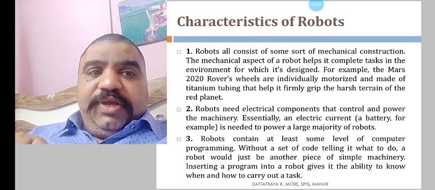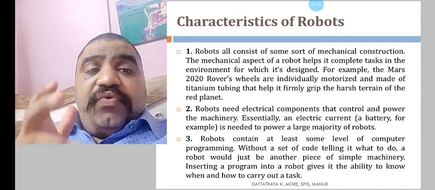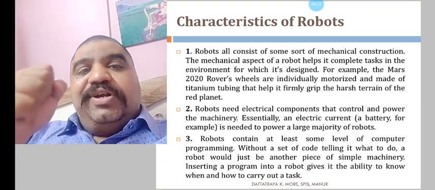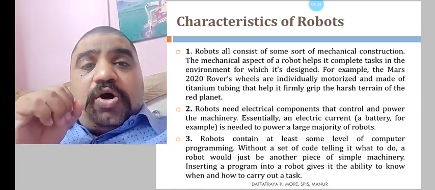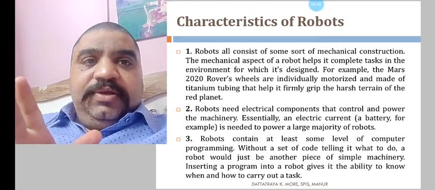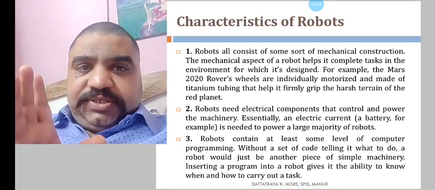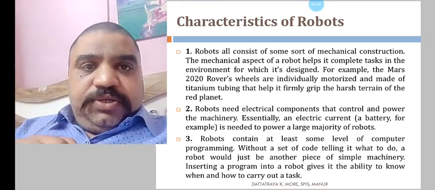Inserting a program into a robot gives it the ability to know when and how to carry out a task. It all depends on the instructions given to the robot by programming. So robots will work only through those instructions. This is the main concept of the robot.